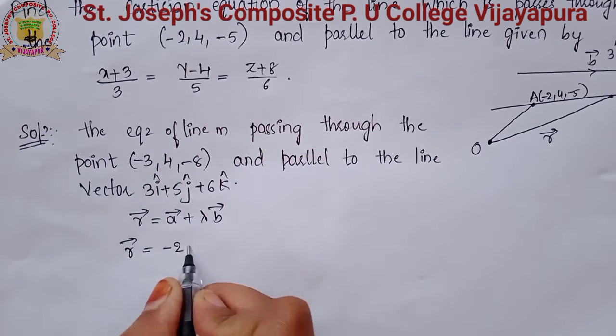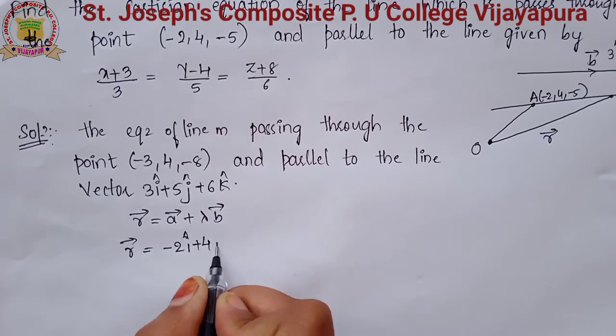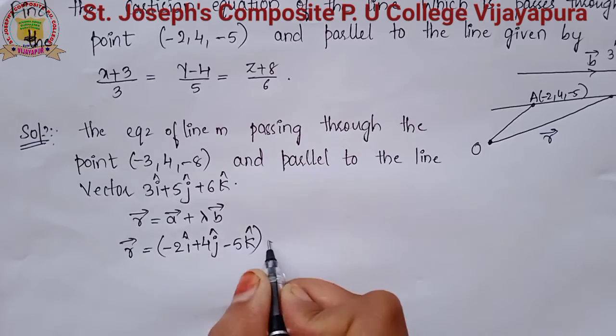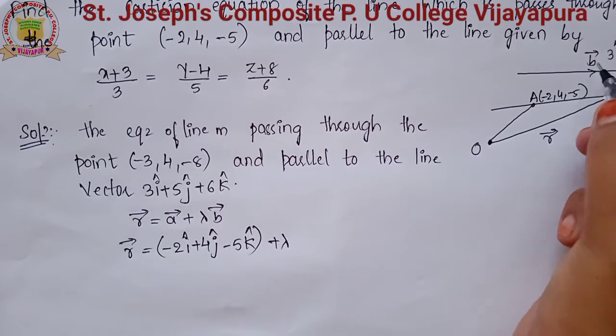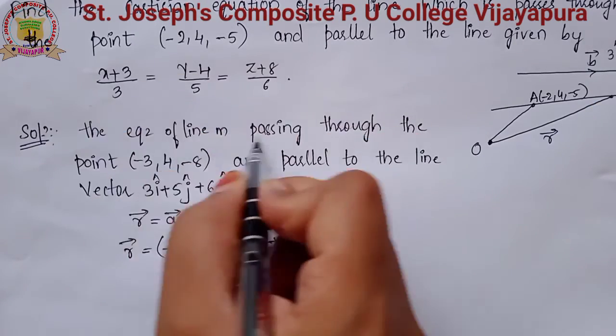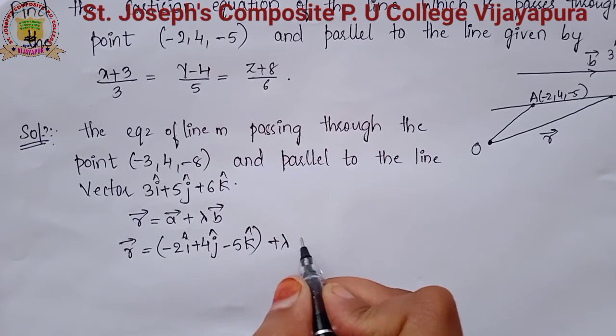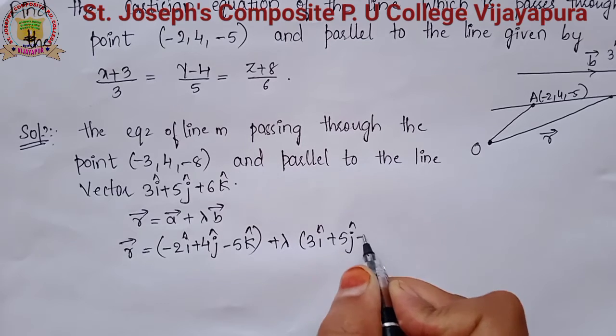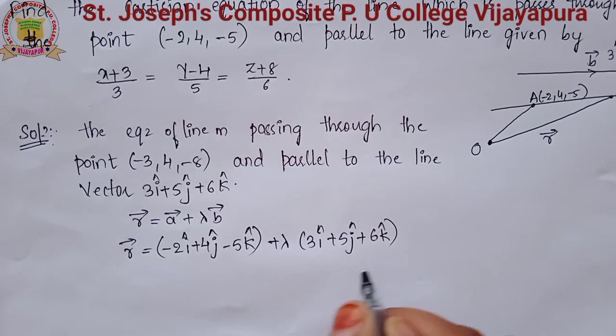This is equal to minus 2i plus 4j minus 5k plus lambda, and here we calculated the b vector as 3i plus 5j plus 6k. This is the required equation of the line in vector form.